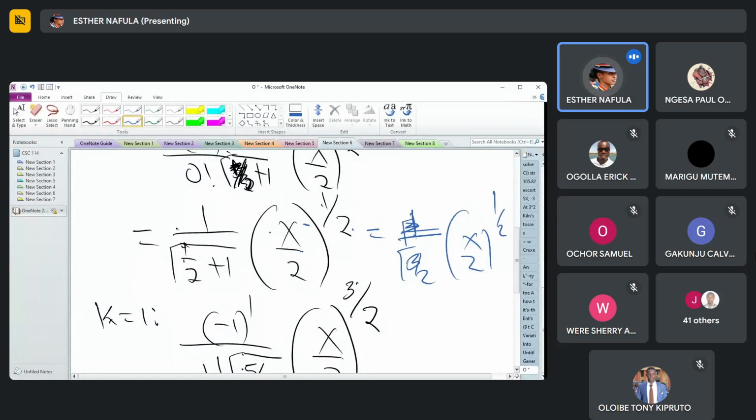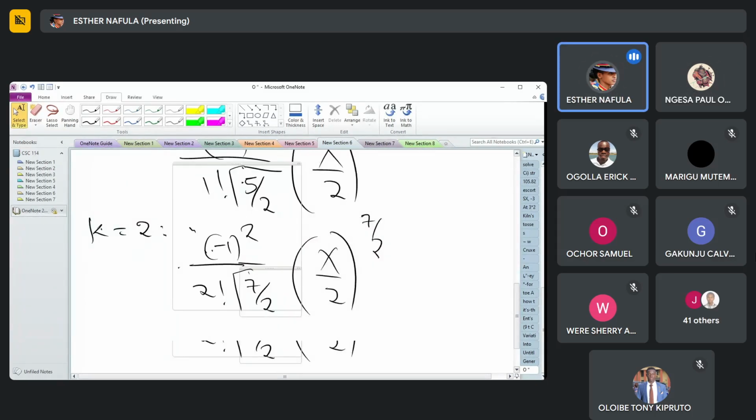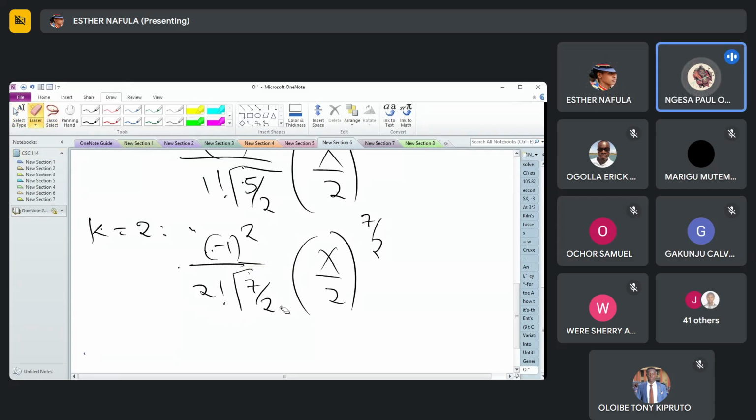For k equals 1, it's correct, gamma of 5 over 2. For k equals 2, what are we correcting? The x power 5 over 2. Power 5 over 2, okay.